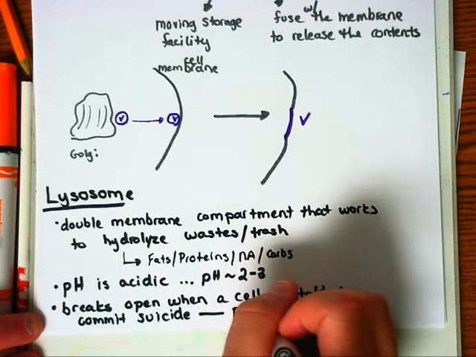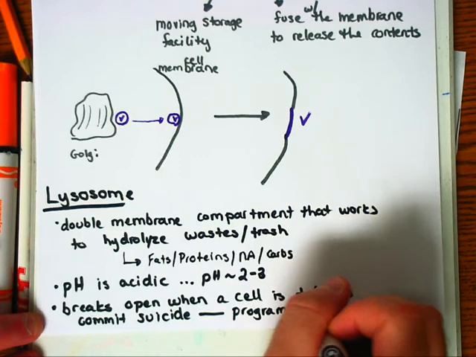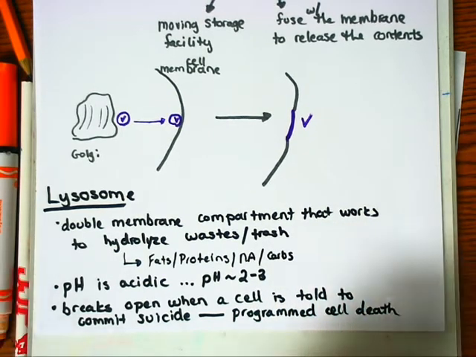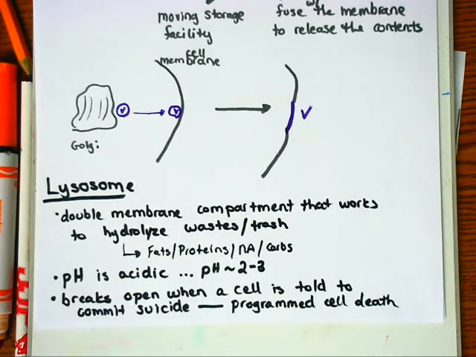This is known as programmed cell death. What would happen if there's a virus that infected it? Could be because there's an infection in the cell. It could be because the cell has a mutation that's been recognized by its neighboring cells, and the neighboring cells pick up on this and send a message to that cell to go ahead and pop open its lysosome.